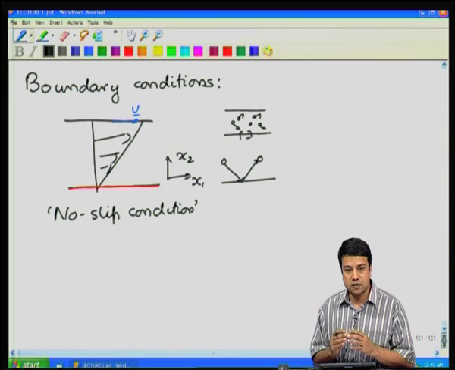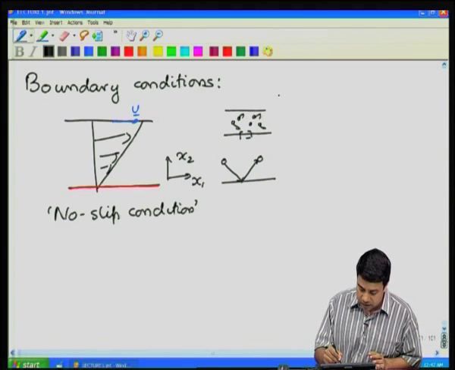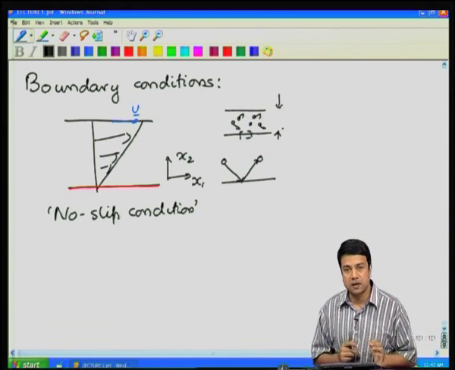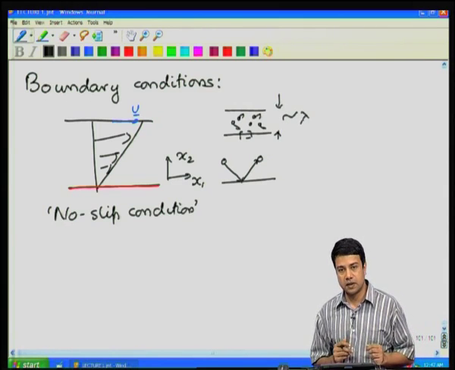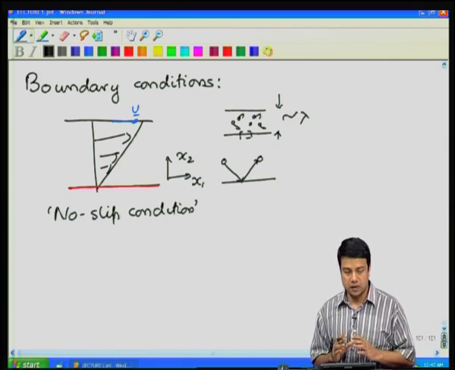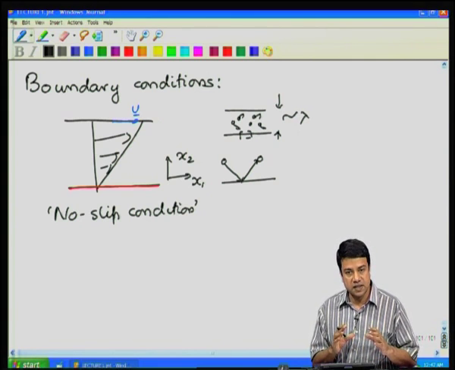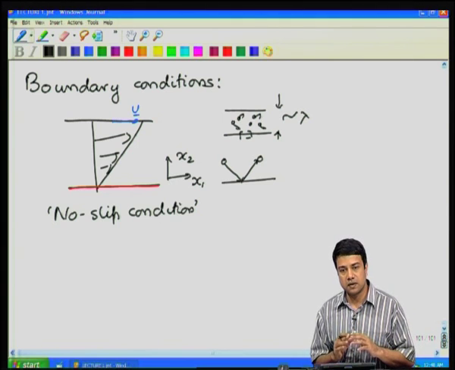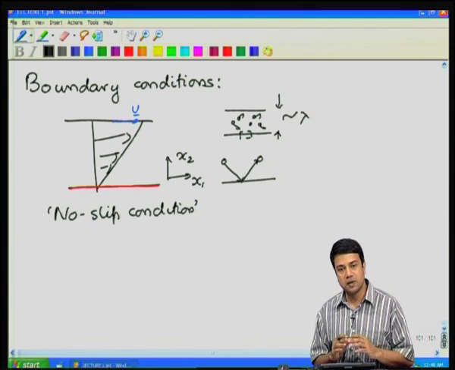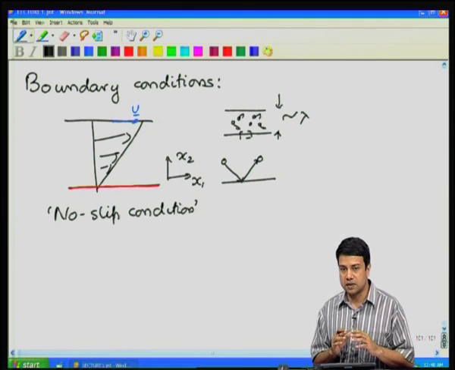But this happens only in microscale devices and for gases, where the length scale is comparable to the mean free path. For most macroscopic applications, one can safely use the no slip condition, that is, that the velocity of the fluid at the wall is equal to the velocity of the wall itself.